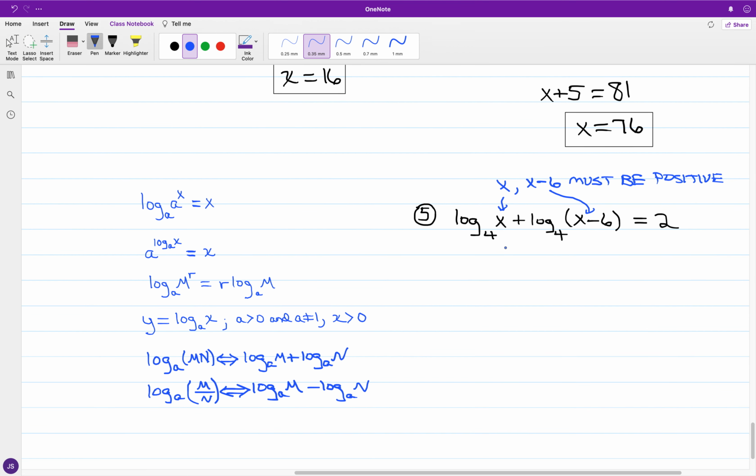Notice you have a couple of base 4 logarithmic terms on the left side. If I make this into a single base 4 logarithmic term, addition implies multiplication. So if I squeeze these terms into one, we have the base 4 logarithm of the quantity x times the quantity of x minus 6 is equal to 2.